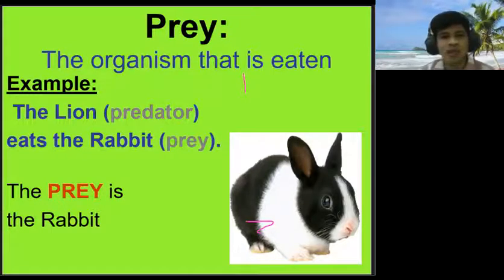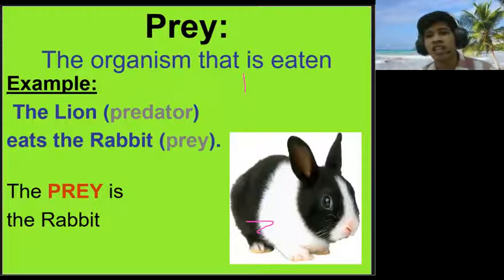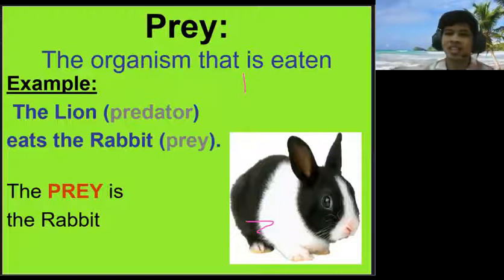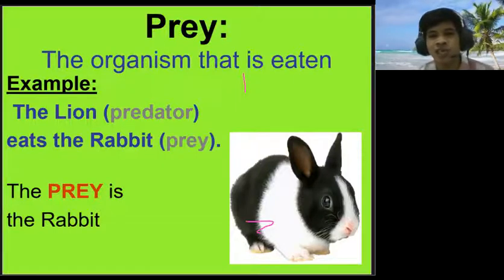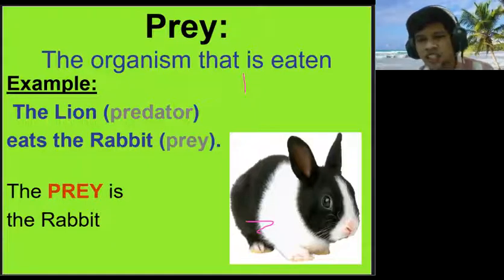And in here, we studied 3 types: producers, consumers, and decomposers, right?